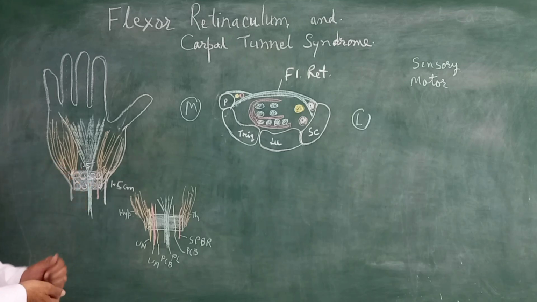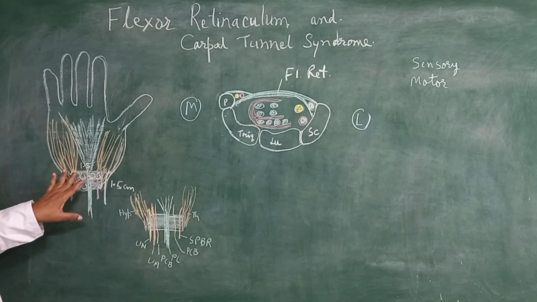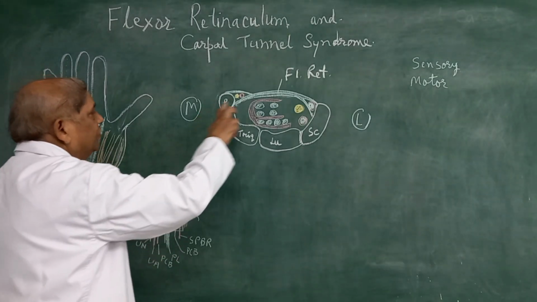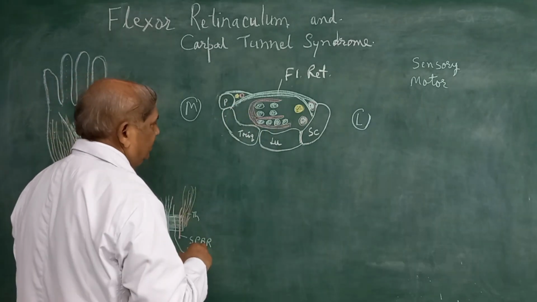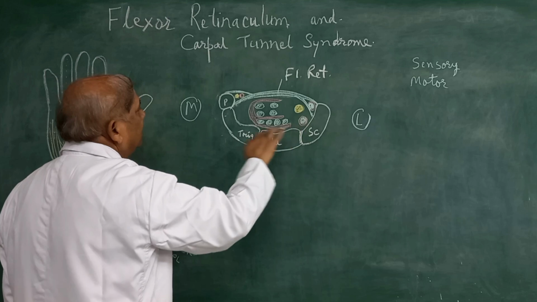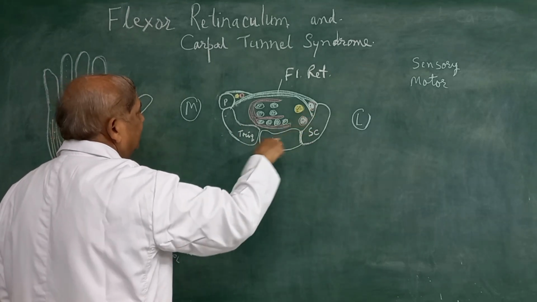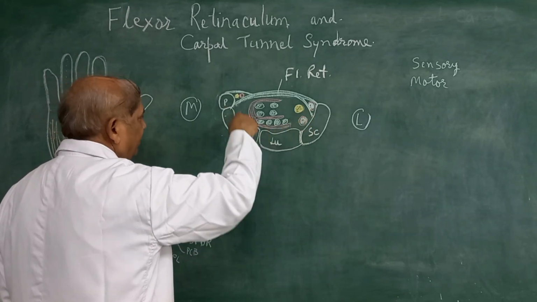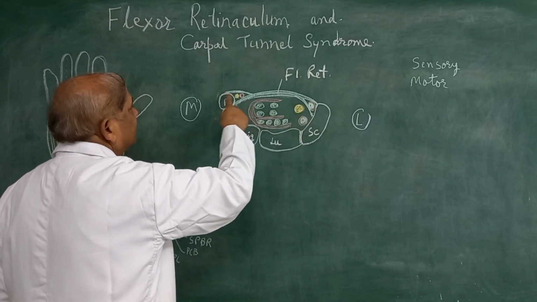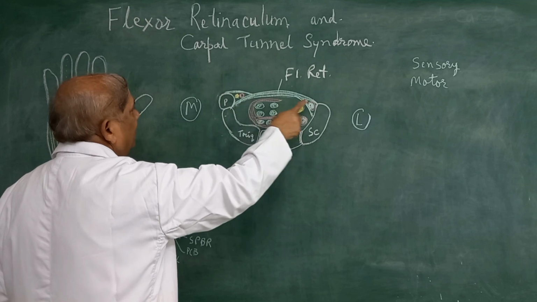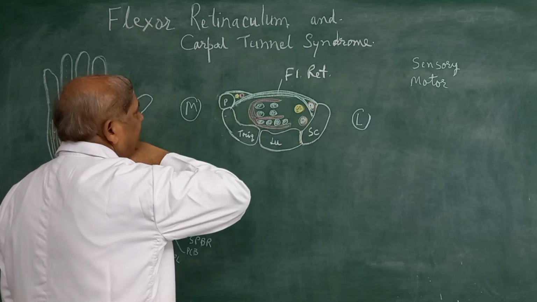Now this flexor retinaculum, which is attached to the margins of the carpal bones in the proximal and distal rows, forms a tunnel-like space. That is the tunnel formed by the concavity of the ventral aspect of the carpal bones and this fibrous band extending from the lateral to the medial side.